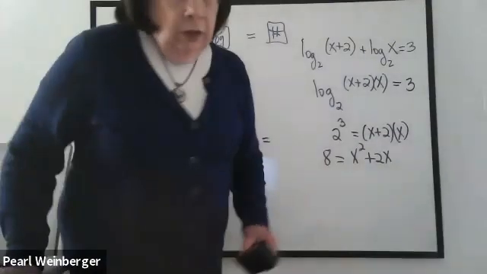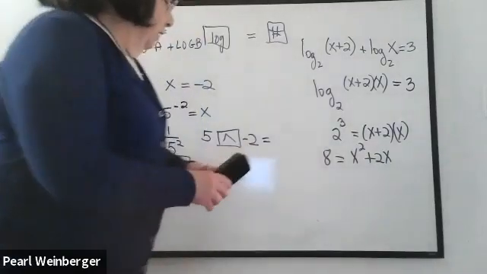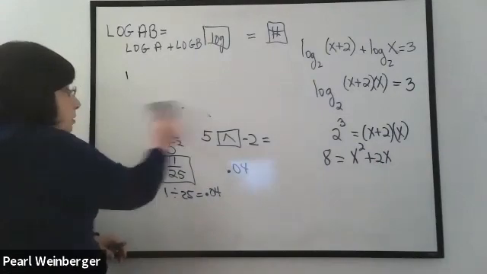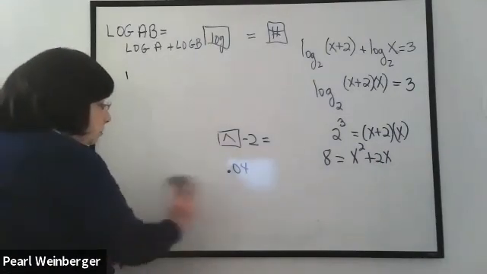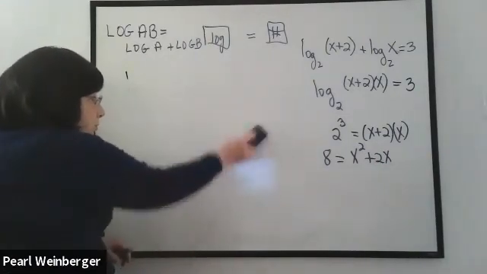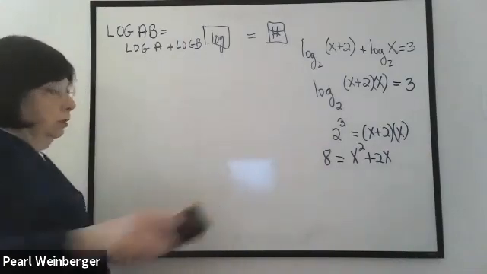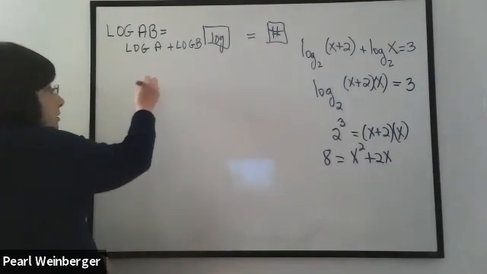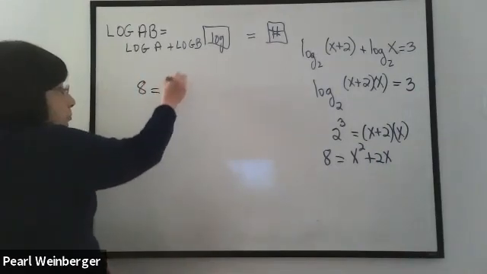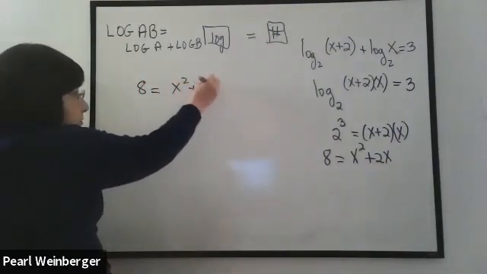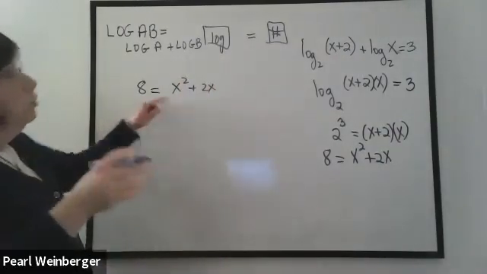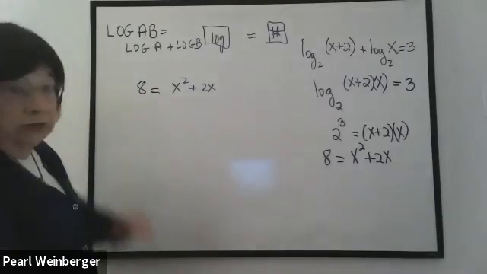Okay. So let's see if we can finish this problem off. We have 8 equals x squared plus 2x. It's a quadratic equation because I see an x squared.